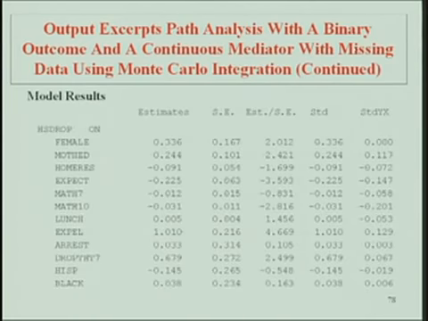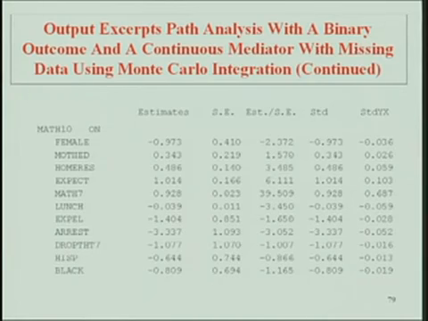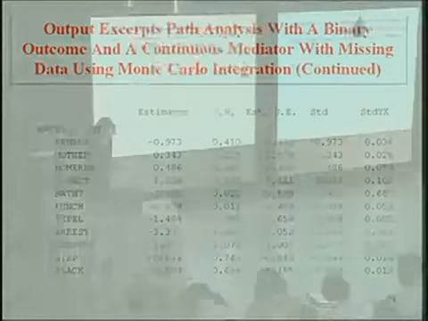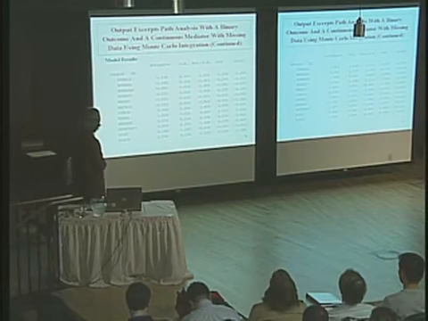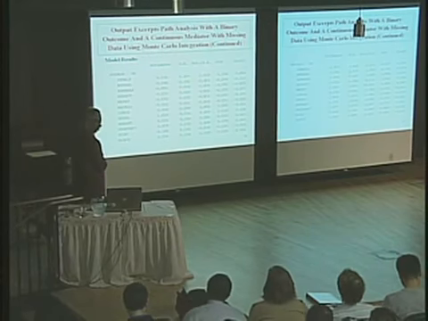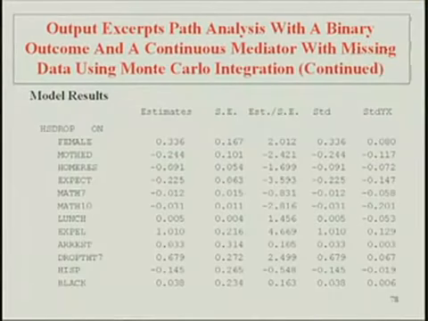So further results will be the two regressions. As I mentioned earlier, I have high school dropout as the dependent variable on the left screen and Math 10 on the right.